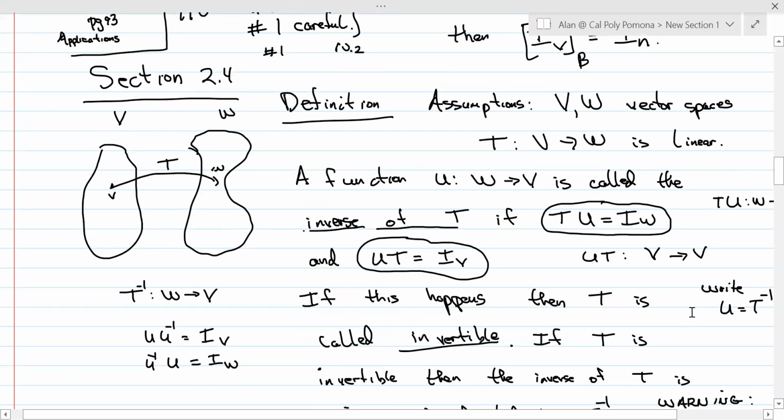A linear transformation T going from V to W is called invertible if there is a function U going the other way around from W back to V, called the inverse, such that if you compose T with U and U with T, you get the identity on whatever vector space you're going from. So that's our definition of what it means for a transformation to be invertible.